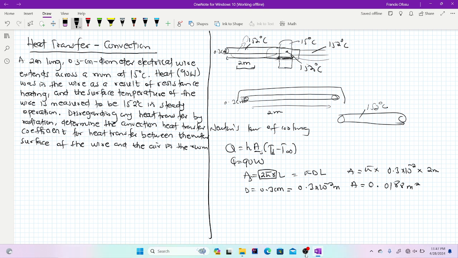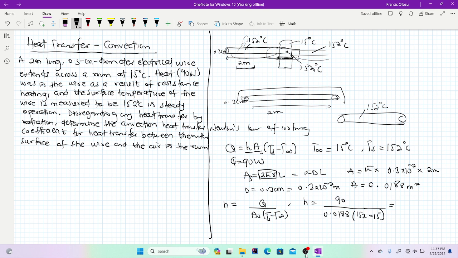Now the question asks us to find the heat transfer coefficient, which is h. So h is equal to Q over As times (Ts minus T infinity). T infinity is the temperature of the fluid, which is the temperature of the air in the room, 15 degrees Celsius, and Ts is 152 degrees Celsius. So h becomes 90 over 0.0188 multiplied by (152 minus 15).